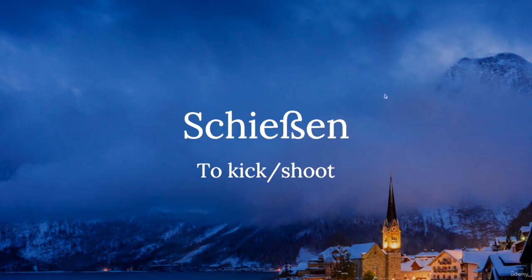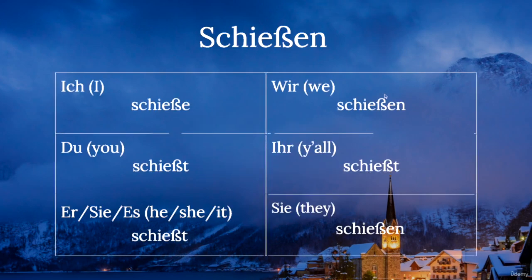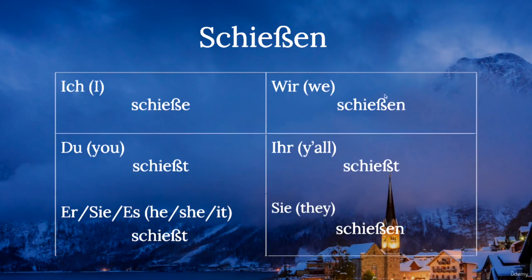Schießen means to kick or to shoot. When talking about sports, you use this verb to say, I'm kicking the ball, for example. Ich schieße. Du schießt. Sie schießt. Wir schießen. Ihr schießt. Sie schießen.